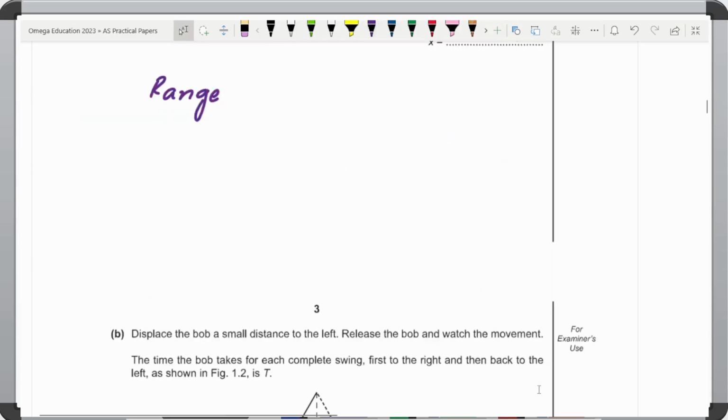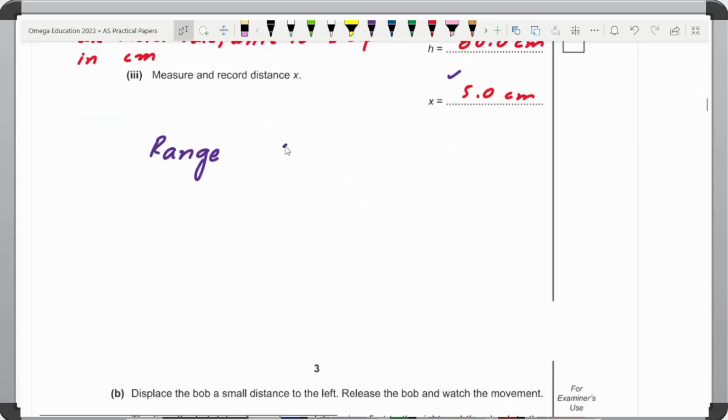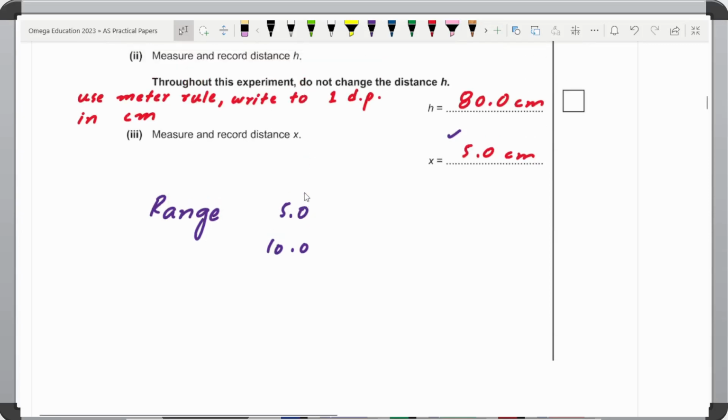So let's say the first value that I choose for x is 5.0, then 10.0, and after that I use 15.0, then 20.0, then 25.0, and then 30.0.